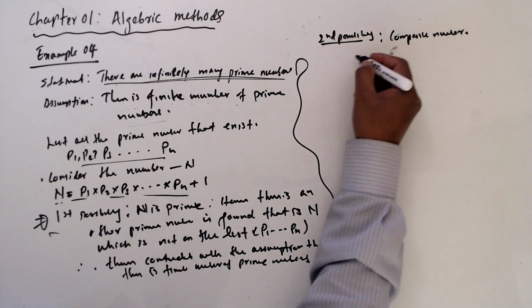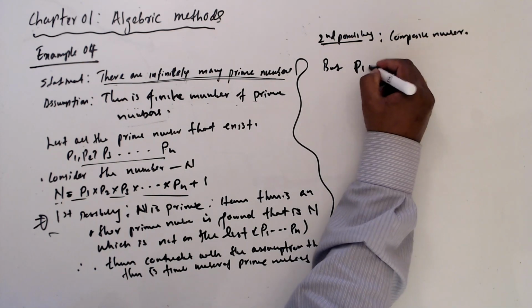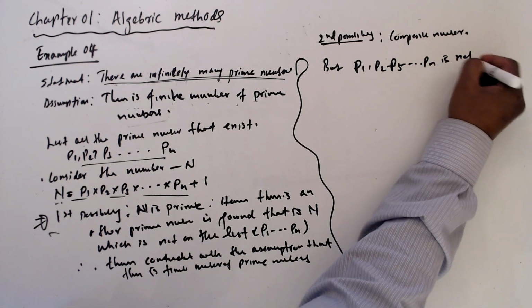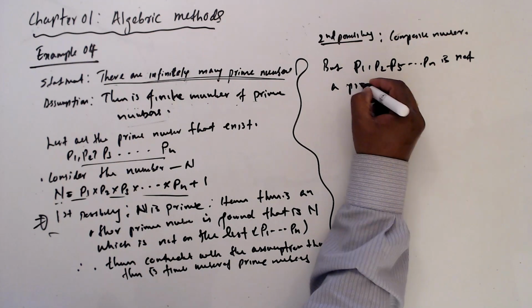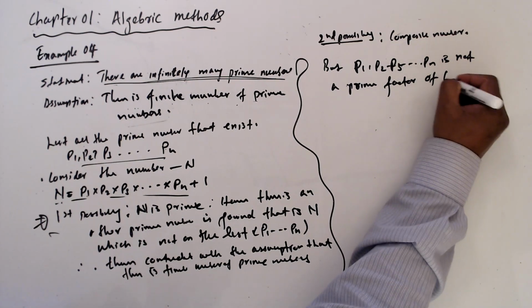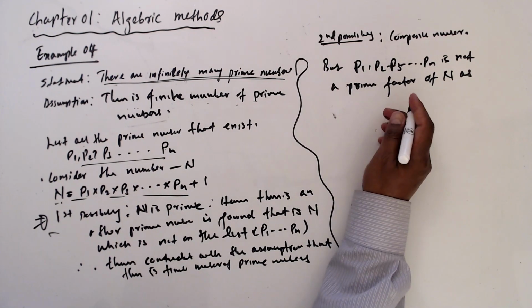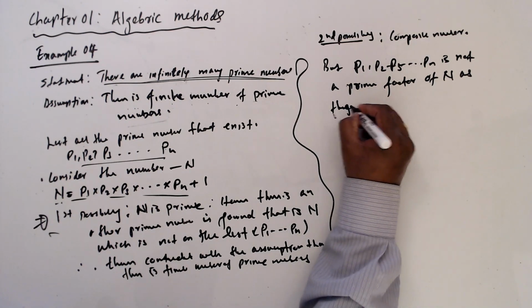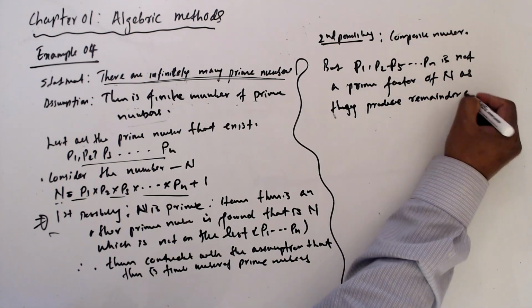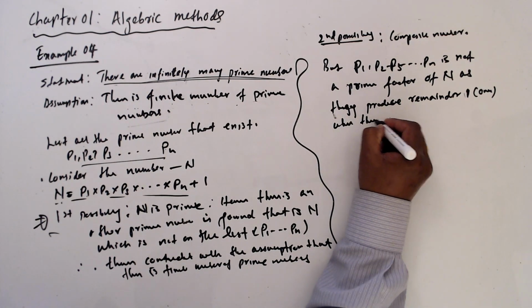If it is a composite number, we will be able to write it as a product of primes, but P1, P2, P3 up to Pn is not a prime factor of n, as they produce remainder 1 when they divide.